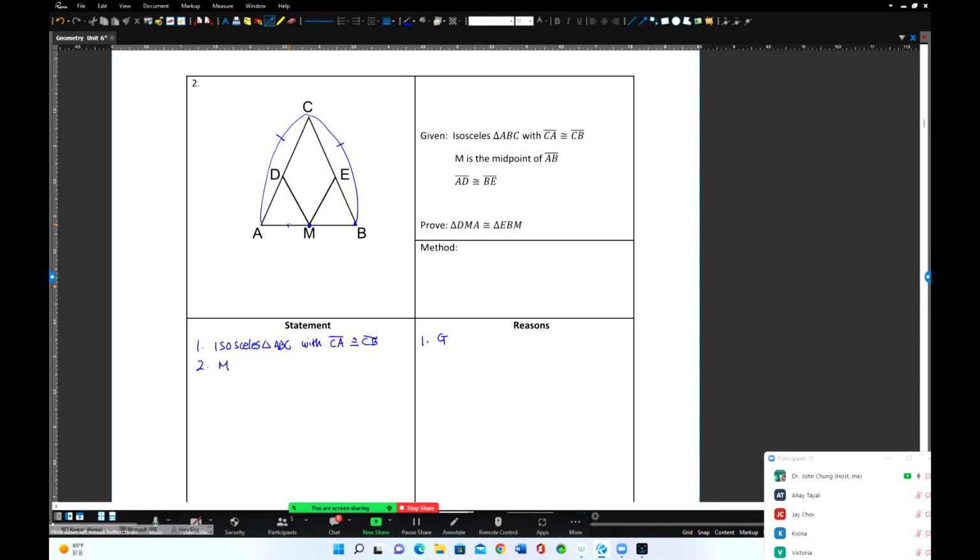From here you can see that these two sides are equal. Another given: AD congruent to BE.